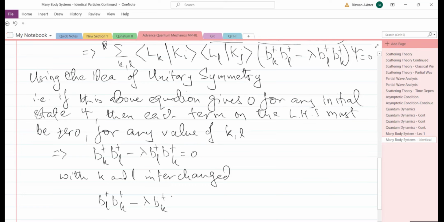So B K dagger B L dagger equals to 0. So in each case, the order doesn't matter, but what matters is in fact a phase factor.